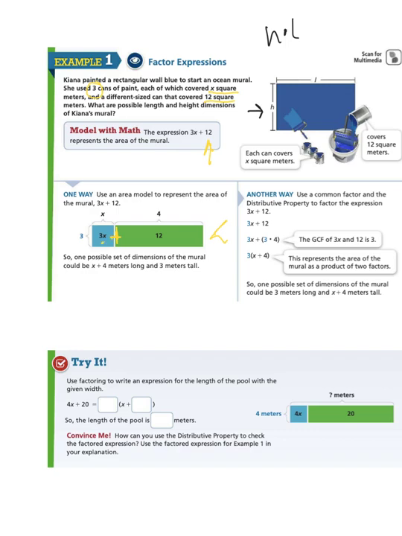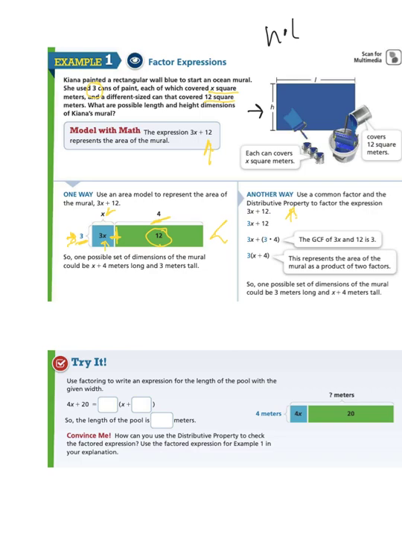So 3x, a coefficient and a variable, means multiplication. Therefore, they pull the 3 out and they pull the x out. Well, if they pull the 3 out, in order to get this 12, they know they have to multiply 3 times 4, which gives them 12. So the same thing is done over here using the distributive property.